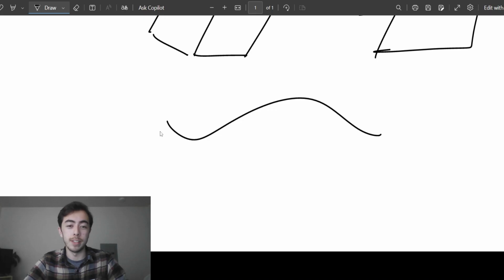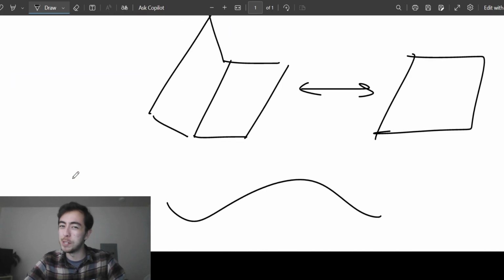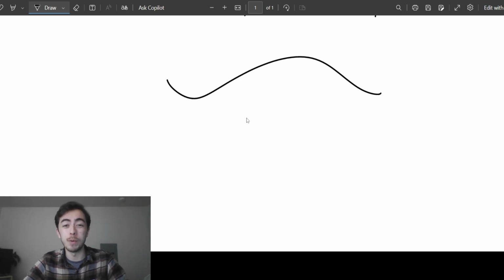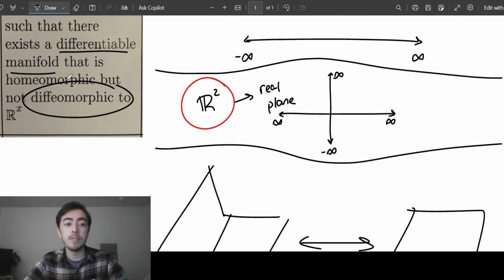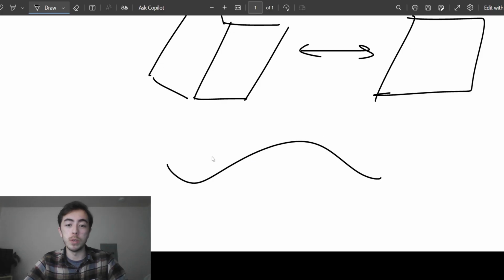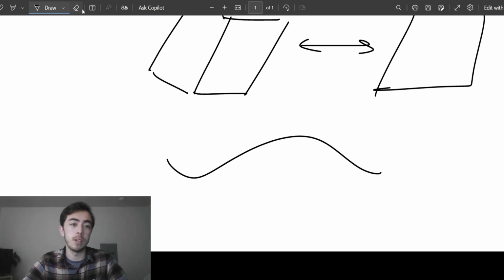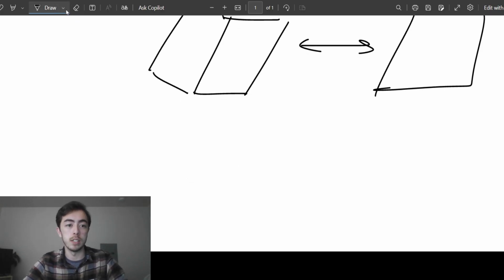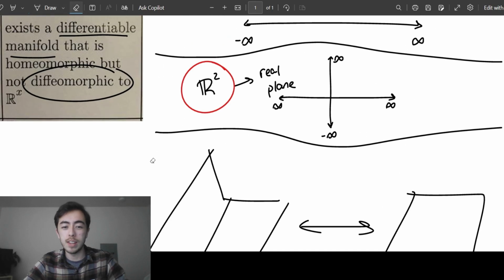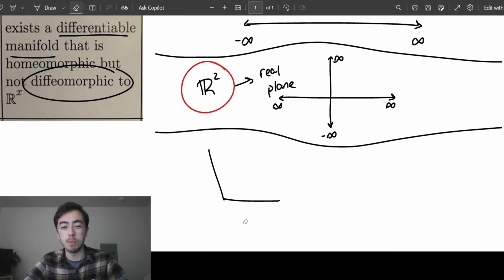This is a one-dimensional manifold that is a differentiable manifold because it's smooth everywhere. We don't have any creases or kinks anywhere. And a diffeomorphic process to go between two shapes just can't encounter any of these harsh edges.